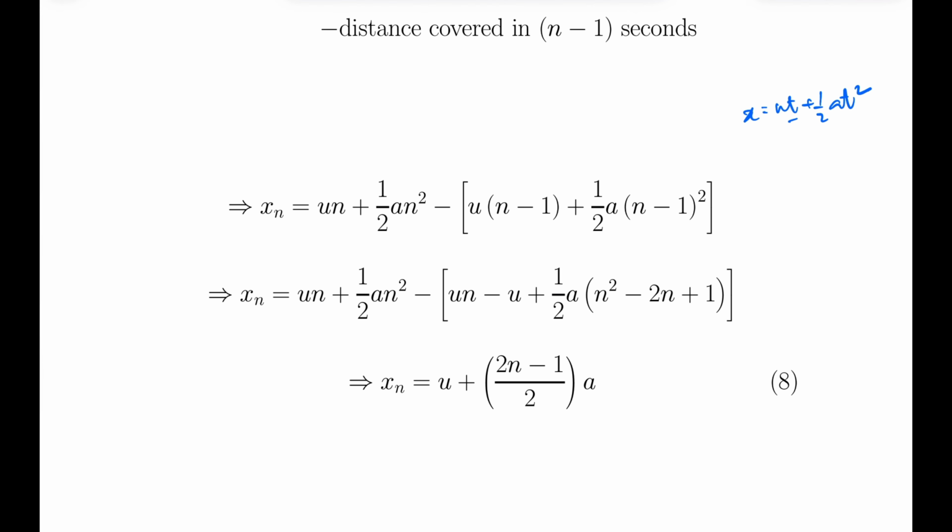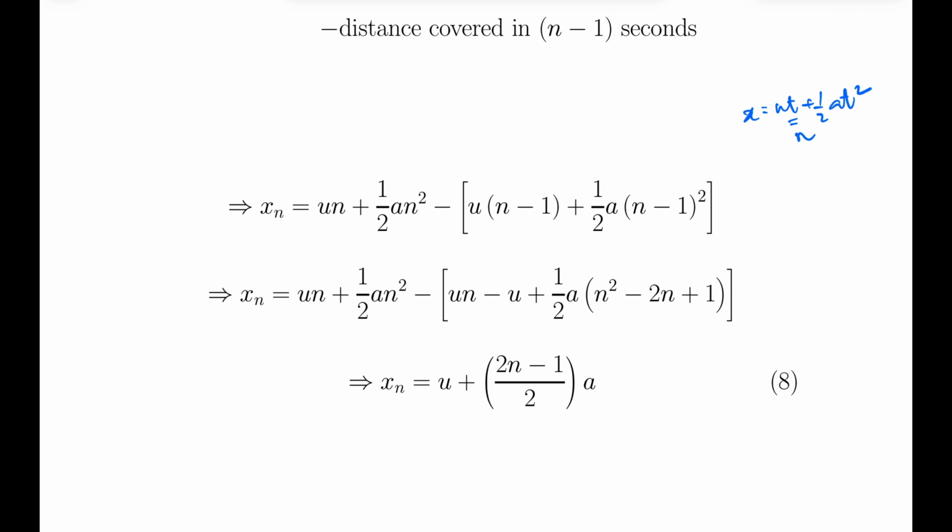In place of t here we have n. So this is un plus half an square minus u times n minus 1, because t is n minus 1, plus half a n minus 1 whole square.